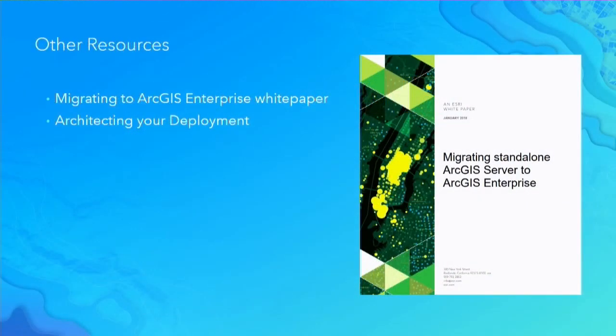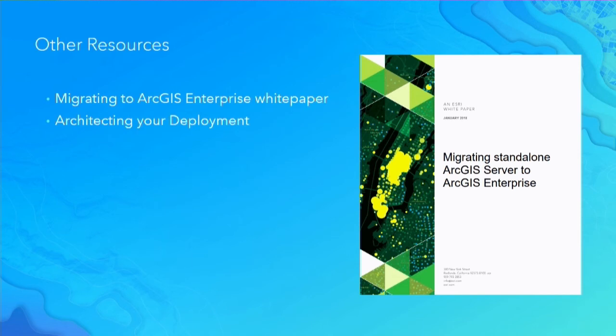A couple of resources we would recommend. I touched on the white paper that's available from a link in our documentation. We have a new white paper, Migrating to ArcGIS Enterprise from Standalone Server, which gives some tips and tricks when you're looking at migrating, what your current infrastructure may look like, and some considerations as you're migrating to the full stack.